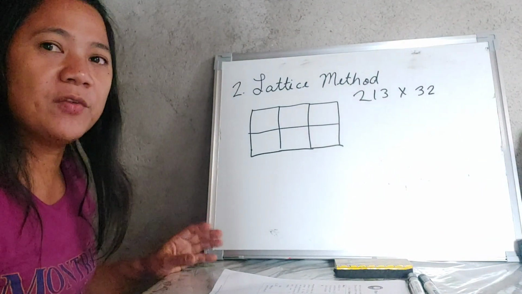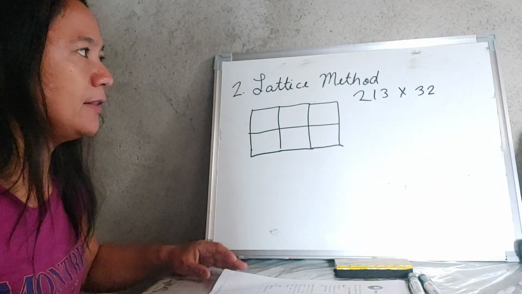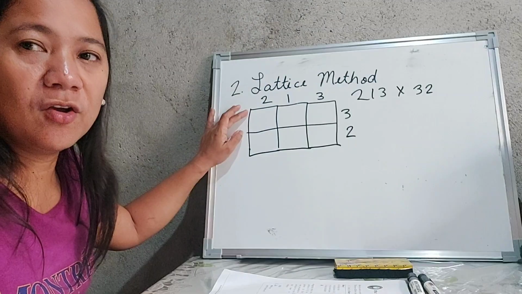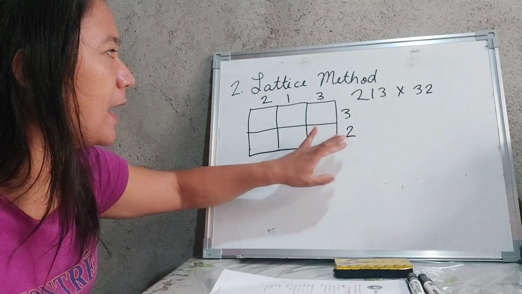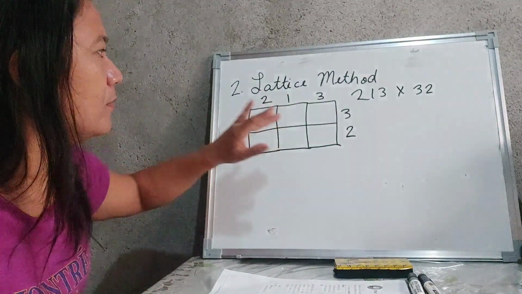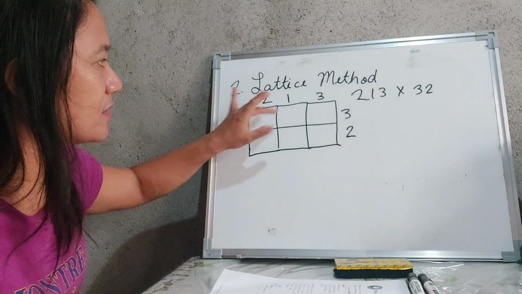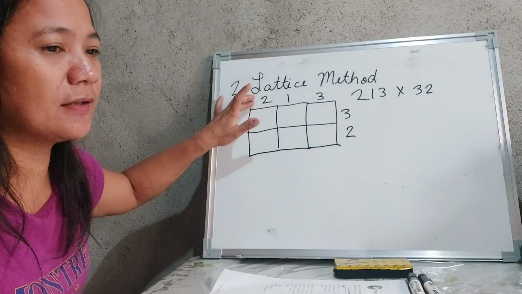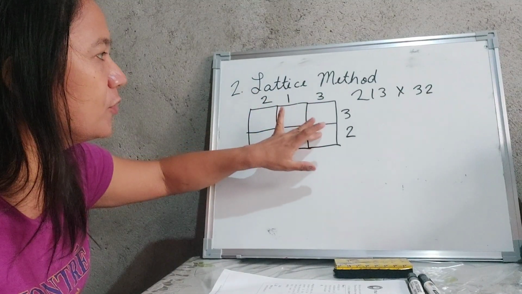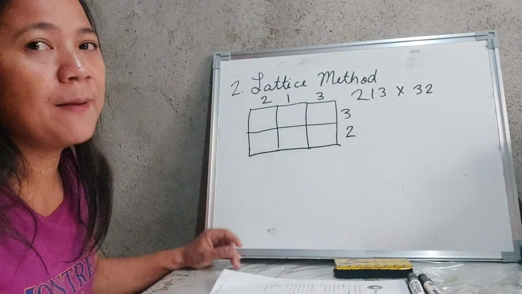So, I will write down 213 and 32. I already wrote down the multiplicand and the multiplier. So, yung 3, nasa taas sila because these 3 columns represent the multiplicand and these 2 rows represent the multiplier.